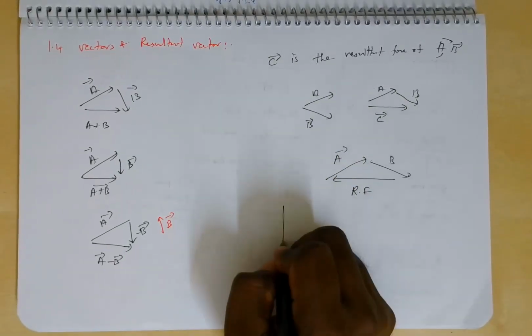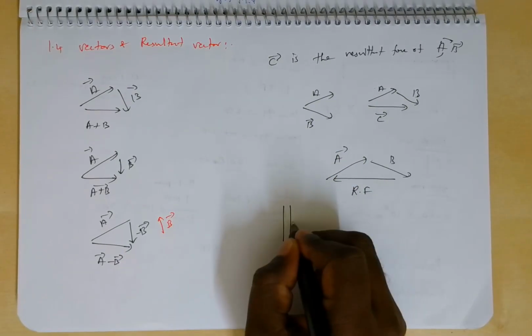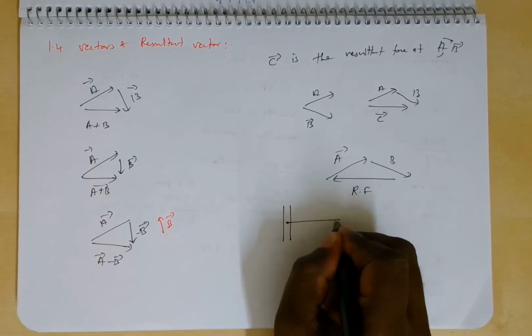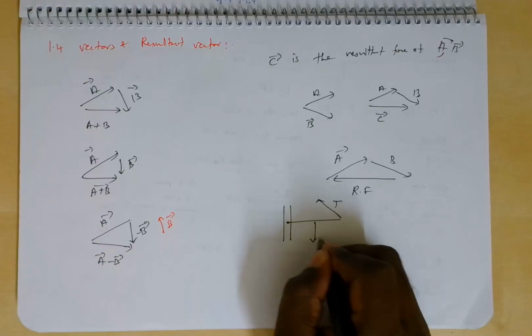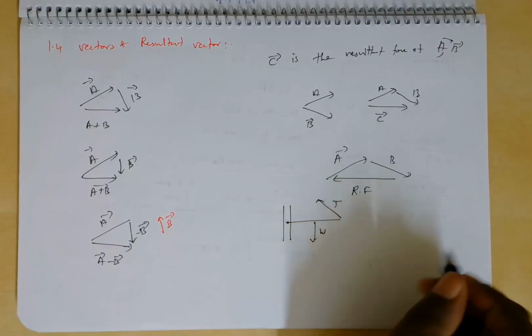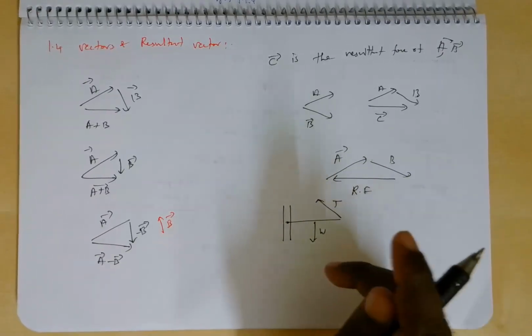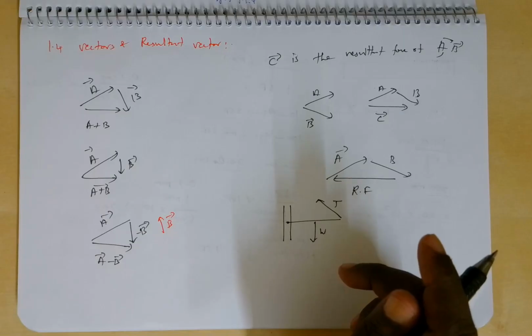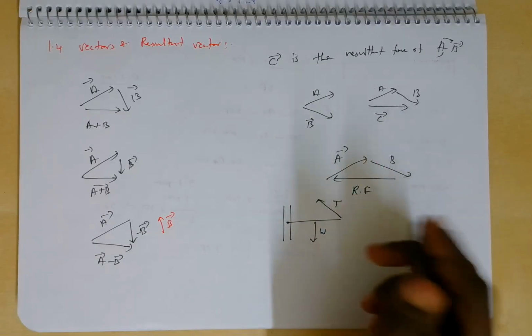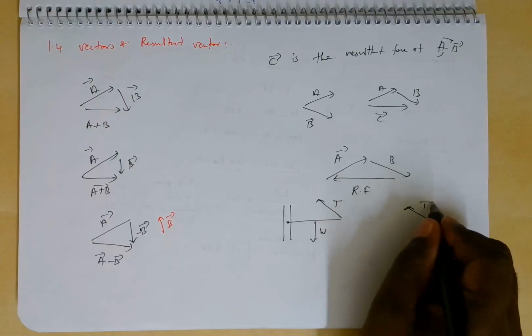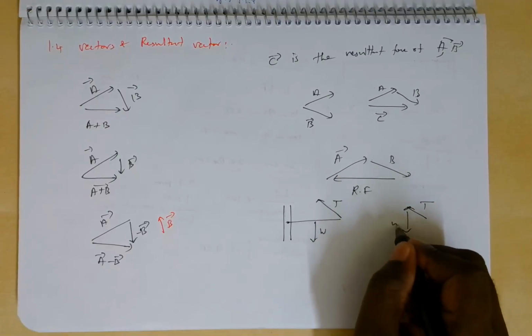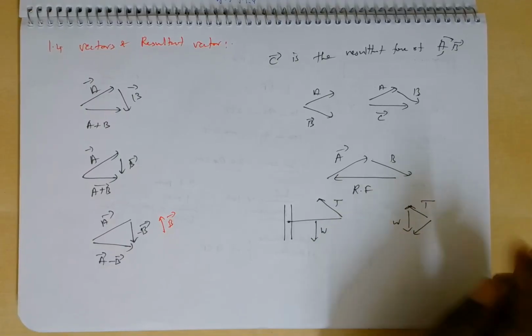A very good example is, let's say that here is a wall, here is a hinge, here is tension T, here is W. They will ask, what is the force acting at the hinge? First we will find the resultant force of T and W. So here is T, here is W. You get the resultant force like this.